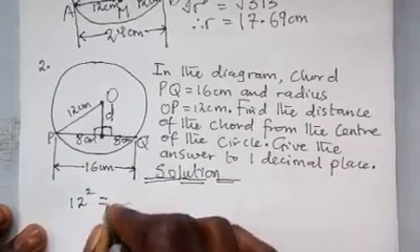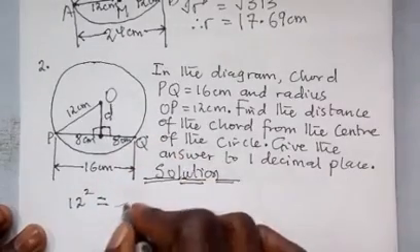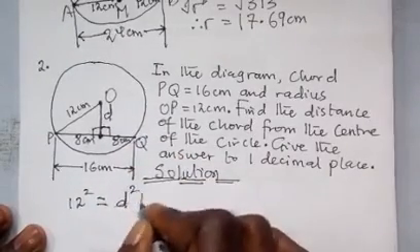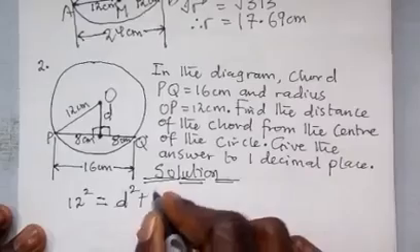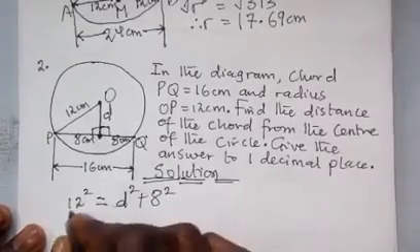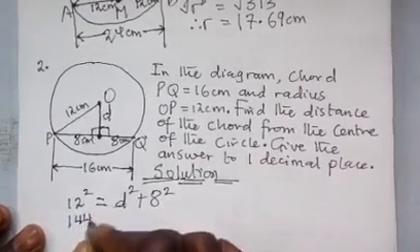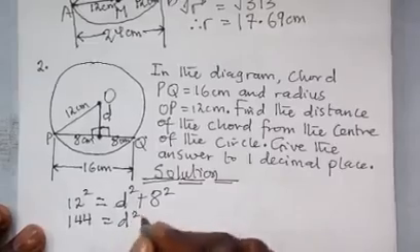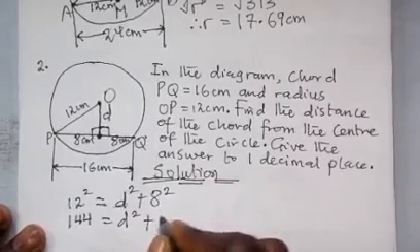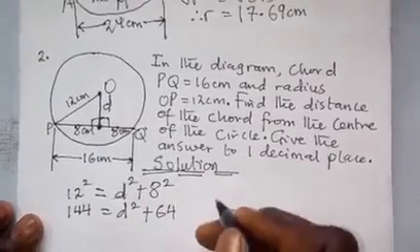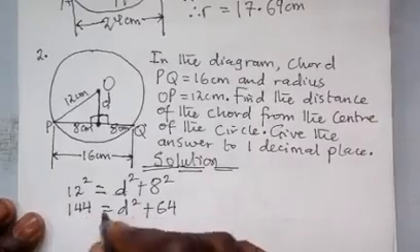Don't forget we are using Pythagoras theorem. Then d squared plus 8 squared. Our 12 squared is 144, and then we have our d squared plus 8 squared, which is 64.